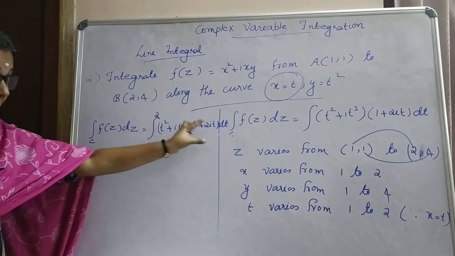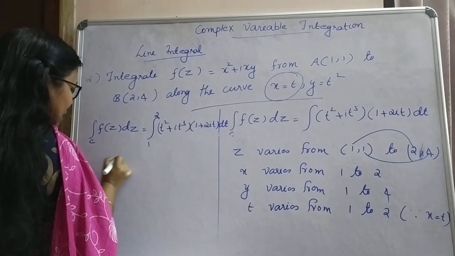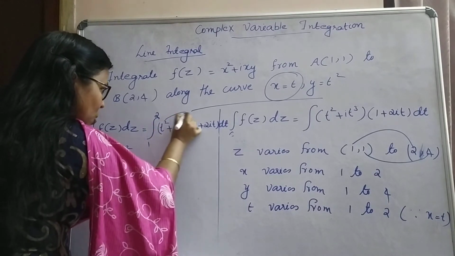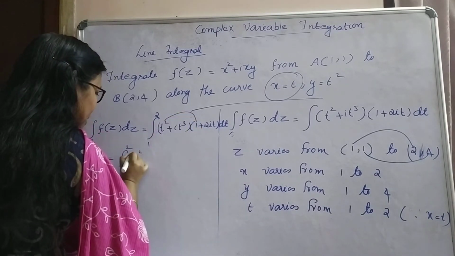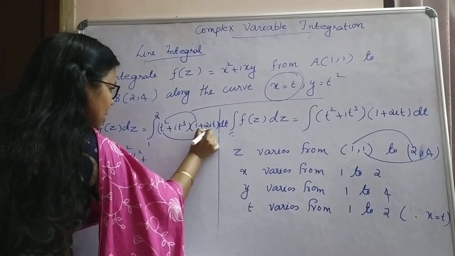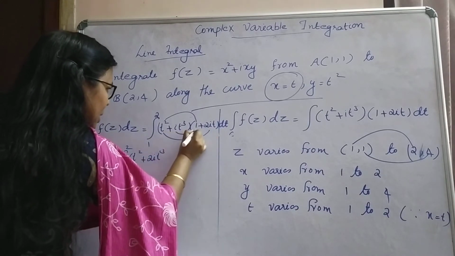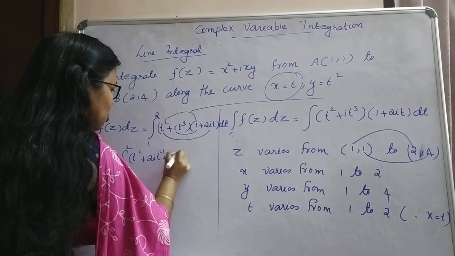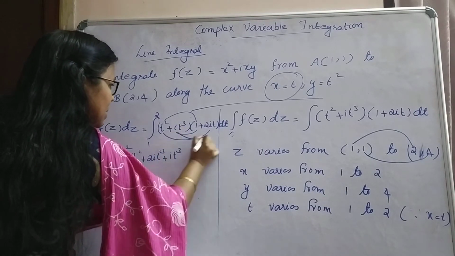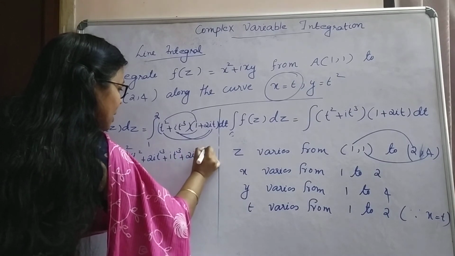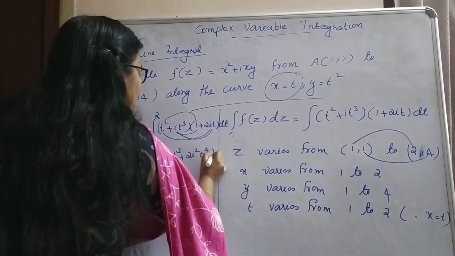Now opening the bracket very carefully: t square into 1 is t square, plus 2it cube, then it cube, plus 2 i square t raised to 4 into dt.